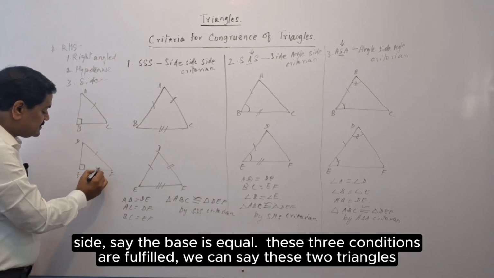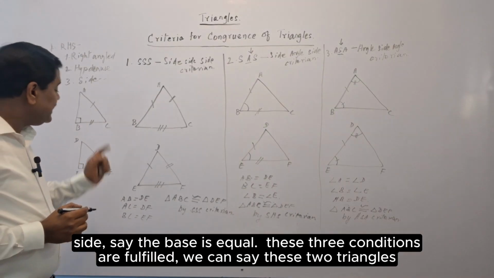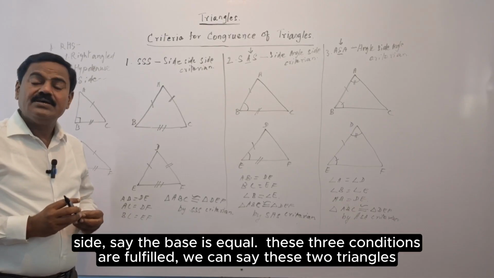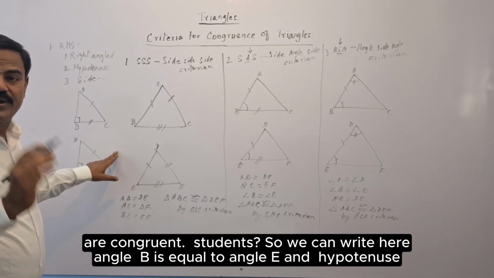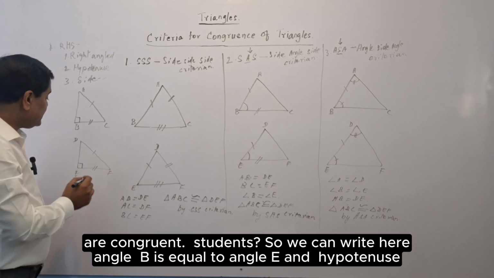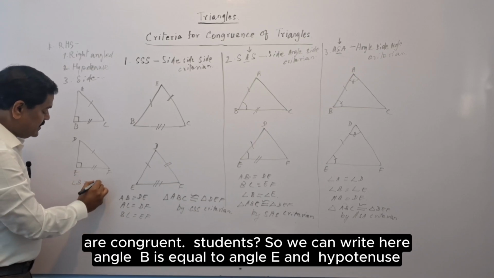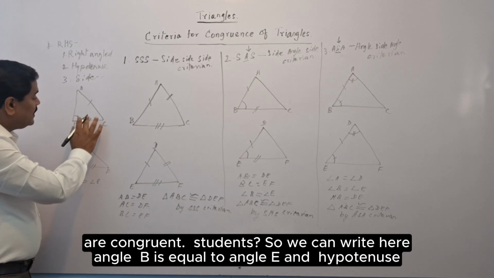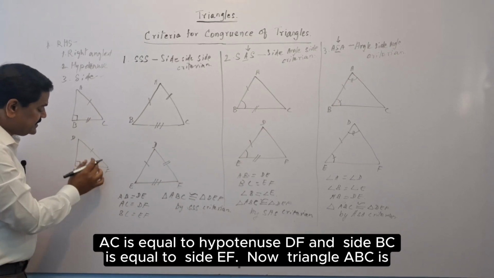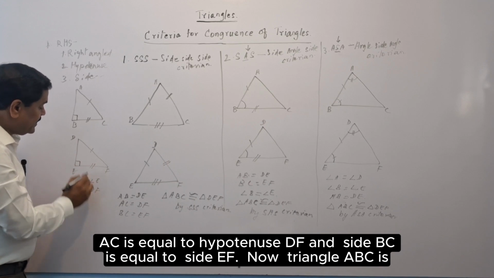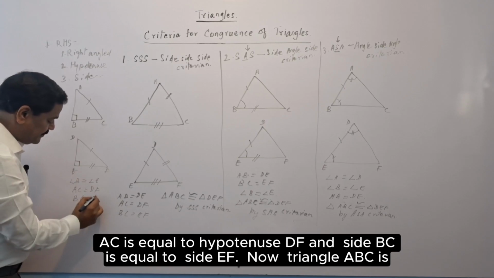Any one side, say the base, is equal. If these three conditions are fulfilled, we can say these two triangles are congruent. Clear, students? So we can write here angle B is equal to angle E, and hypotenuse AC is equal to hypotenuse DF, and side BC is equal to side EF.